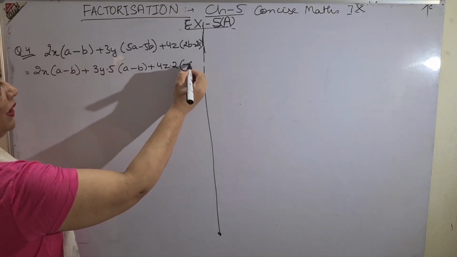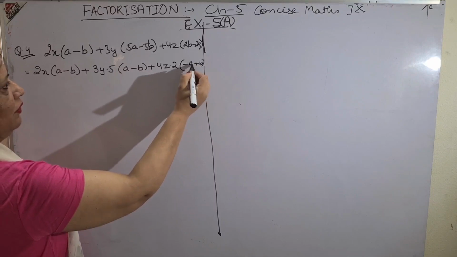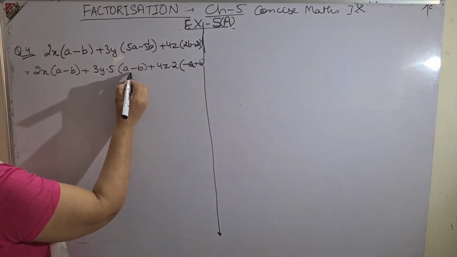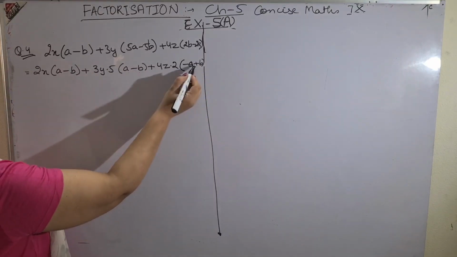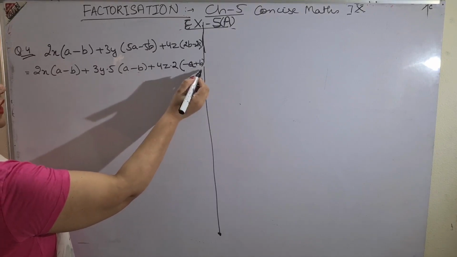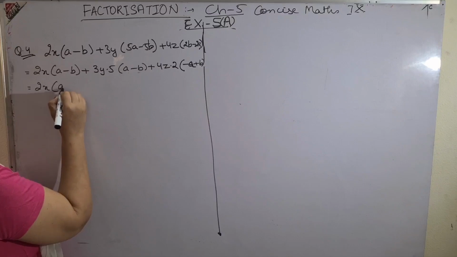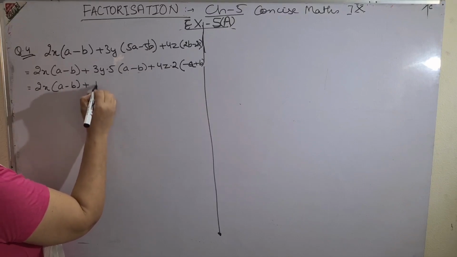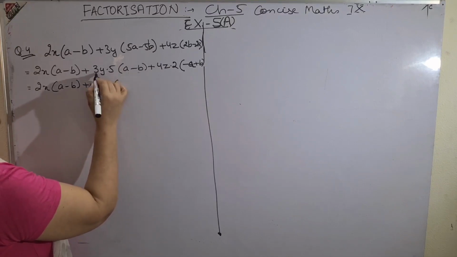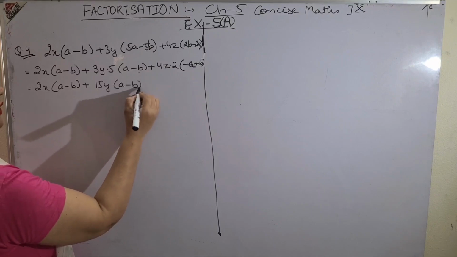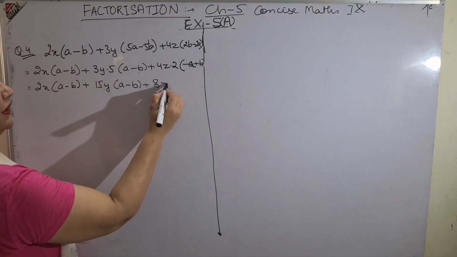This I will write as minus a plus b, because I want to turn this into the common factor, that is a minus b. Again, 2x(a minus b), 15y, 5 threes are 15, (a minus b), 4 twos are 8, z.